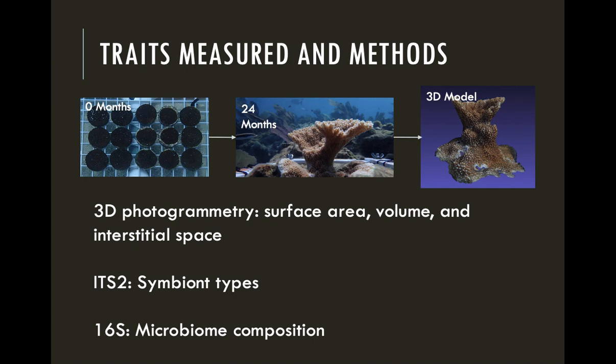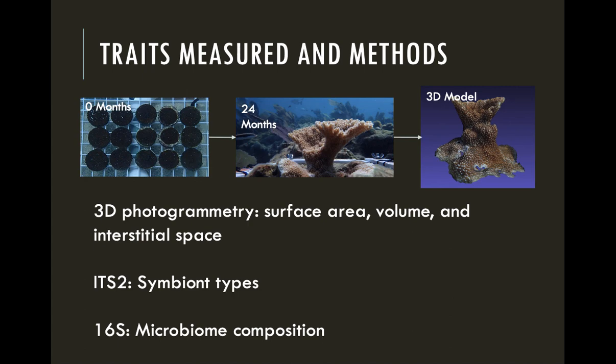What we do is just take a whole bunch of photos of an individual colony, turn that into a three-dimensional model, and then instead of sitting there with a little bendy ruler on the reef trying to measure everything, we just take our time and measure things like growth, but also surface area, volume, and the volume of the interstitial space, which is what I think of as the negative space created by the branching of that colony. As the colony grows, literally between its branches is the habitat for fish. So that's what interstitial space is.